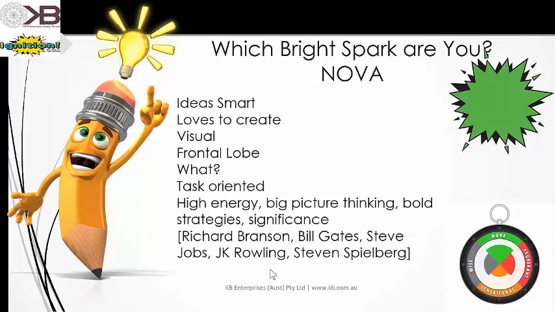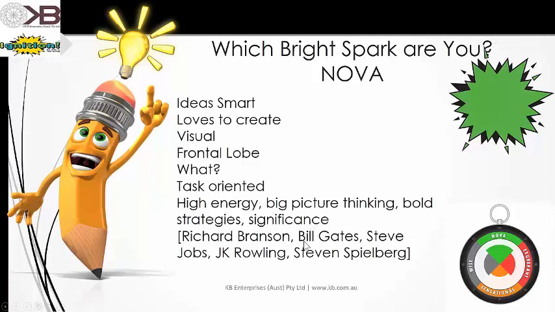So you can see here with some of the other characteristics, they're very high energy, so they will move around a lot. They're big picture thinkers, so they will have a bigger view of how things are going to be rather than very narrow step by step. And for them, they gain their, I guess, self-worth by being significant.